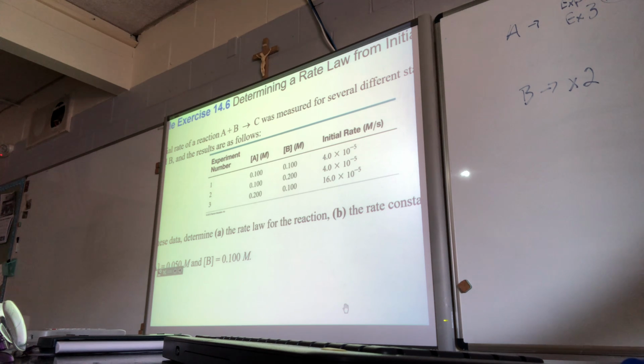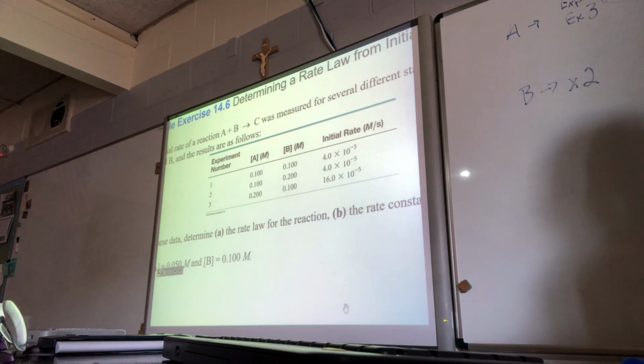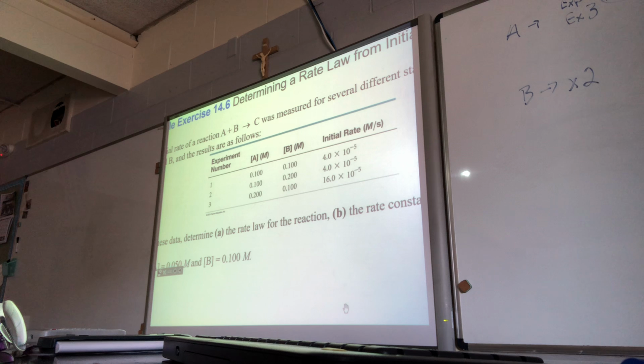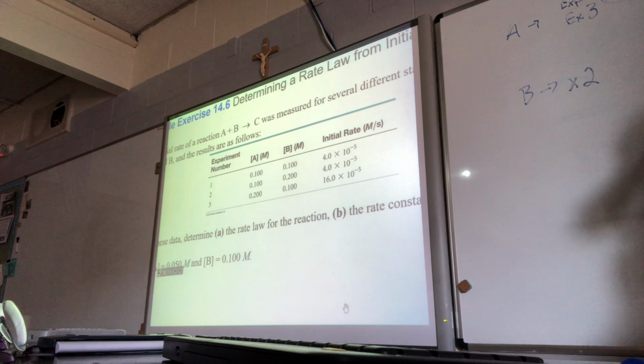If the rate goes up by some number, this number to a power should equal the rate change, and this would be your order. So 2 to some number, let's go with x, should equal 4. In this case, what should it be? 2. So the order of this reaction with respect to A should be 2.